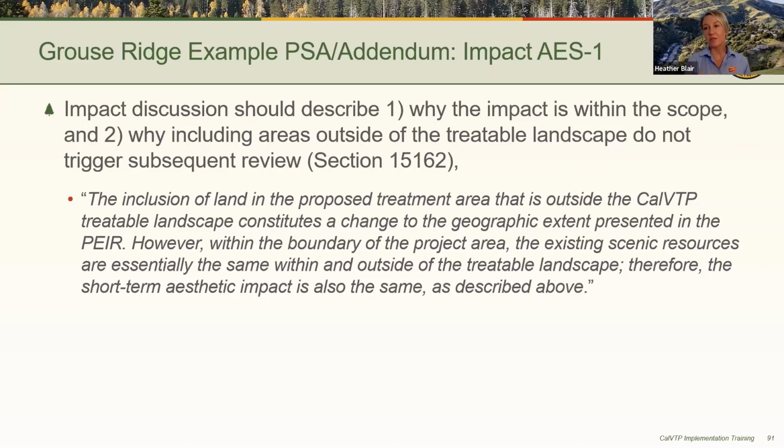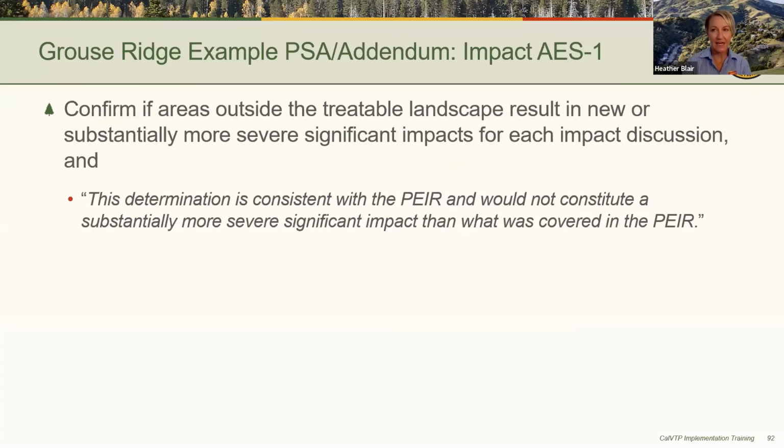So the evidence that's presented for this impact within the treatable landscape to substantiate that there would be no new or substantially more severe significant impact, that evidence also applies to the areas that are outside of the treatable landscape. Next slide, please. And this slide presents additional text for documenting this conclusion. Next slide.